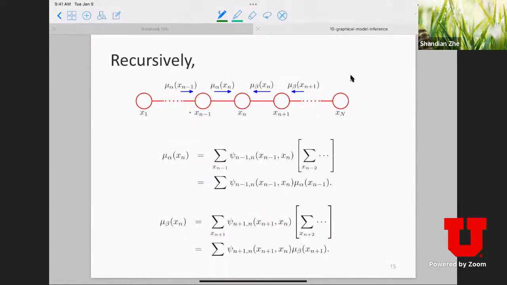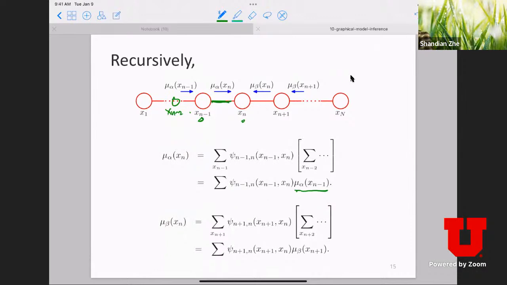That is, the message sent from xn-1 to xn is essentially just the potential function defined between xn-1 and xn multiplied with the message sent from xn-2 to xn-1, which is the message mu alpha of xn-1.